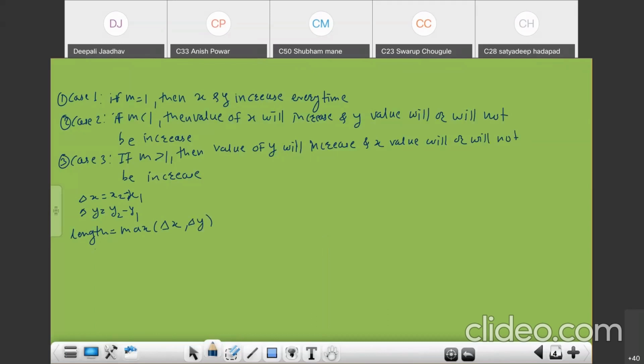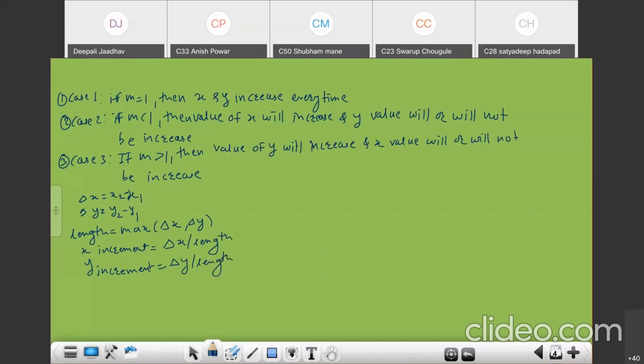So x increment, how much value we increase, is delta x divided by the length. And y increment is delta y divided by length.